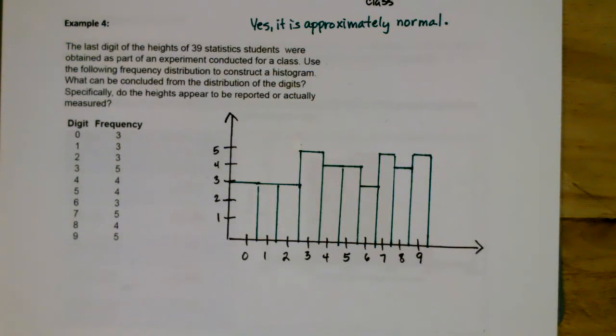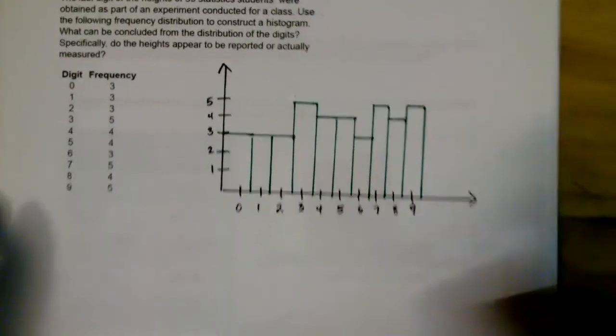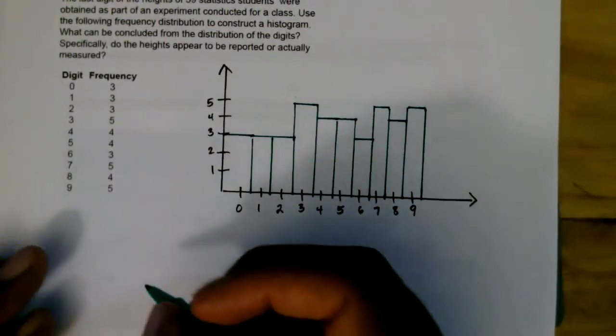So let's think about this one for a moment. In this case, the data appears to be measured. So by looking at this, the data does appear to be measured.